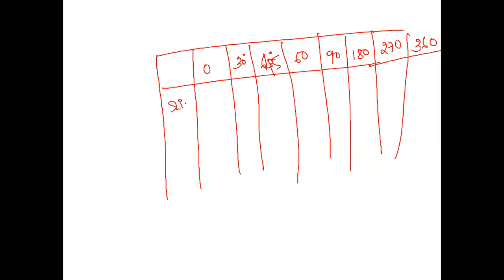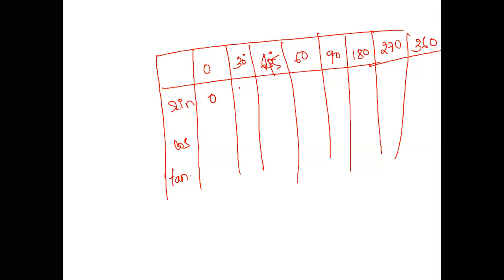Sine, cos, and tan. Okay, so what is sine 0? The value of sine 0 is 0. And then what is the value of sine 30 degree?